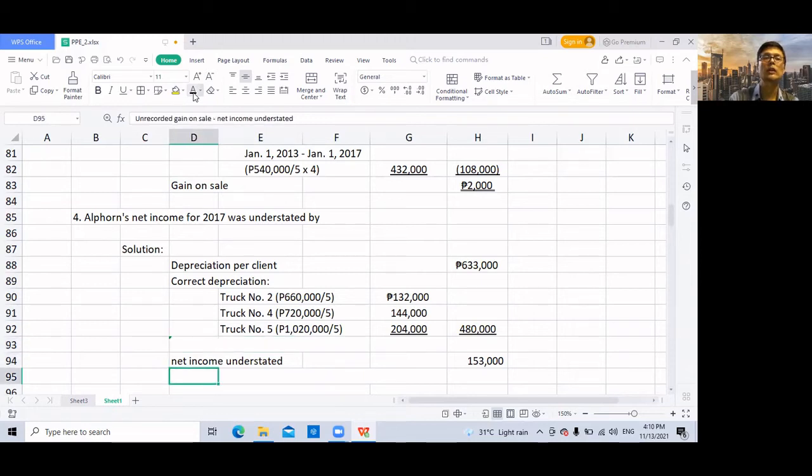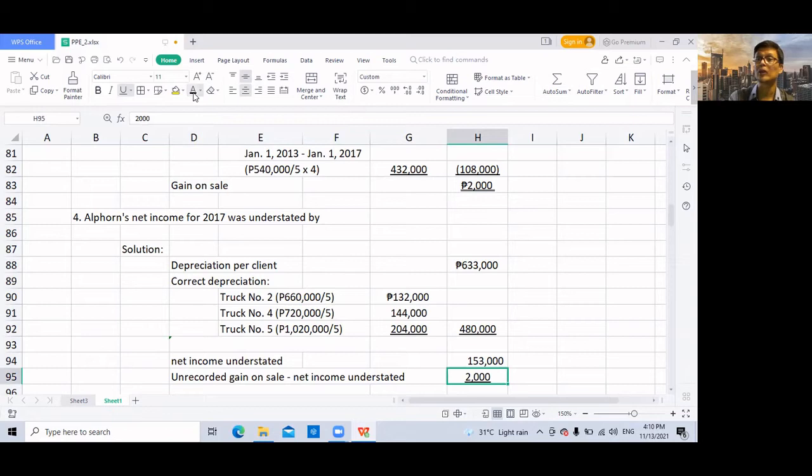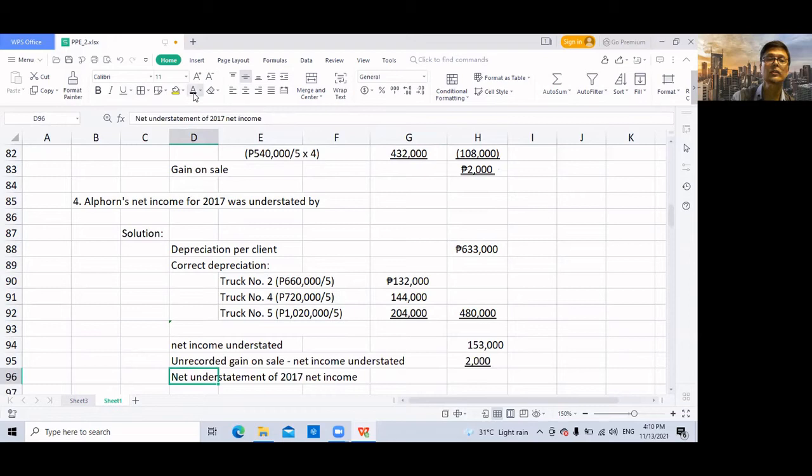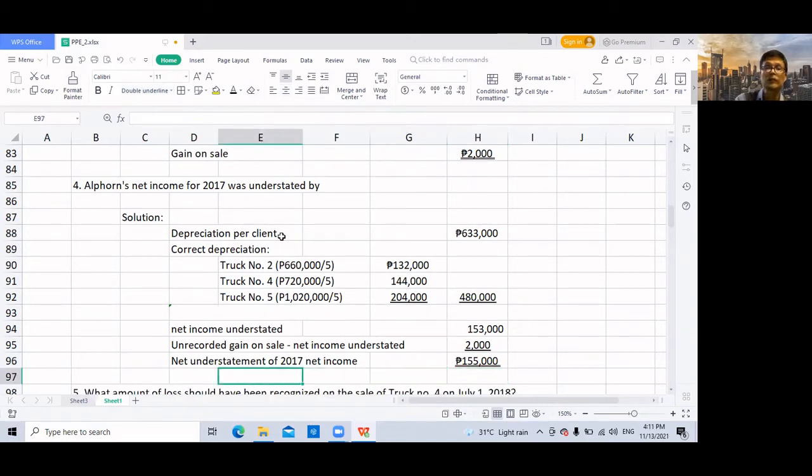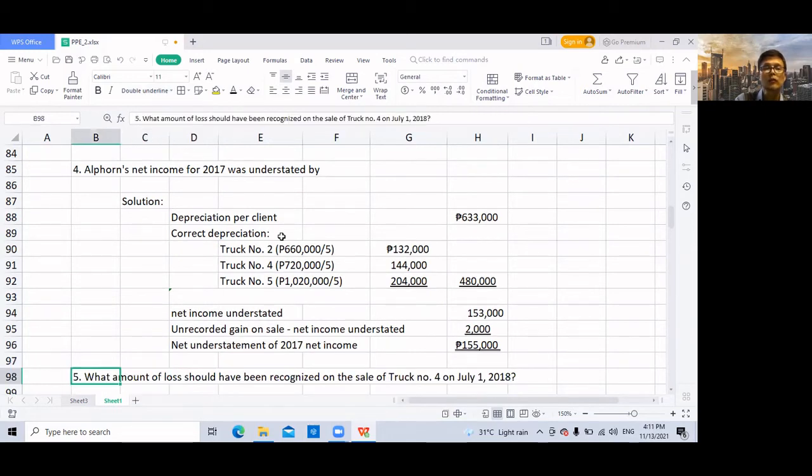Then the unrecorded gain on sale, the 2,000 we computed above, gives you a net understatement in total of 155,000. So the net income for 2017 was short by 155,000.